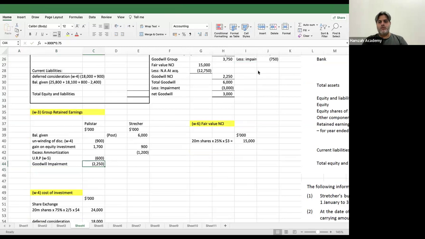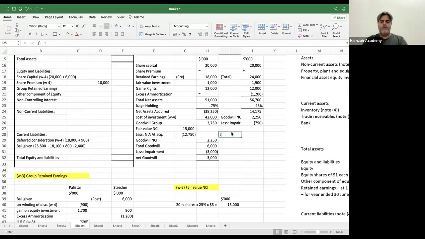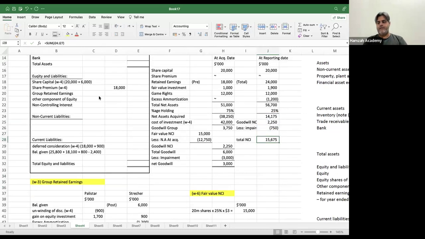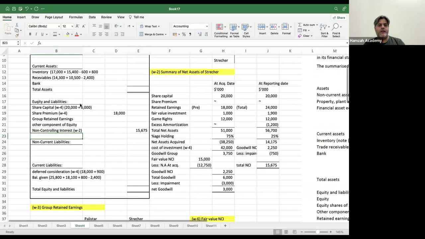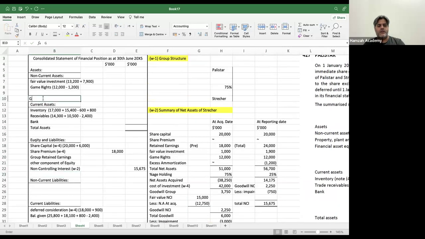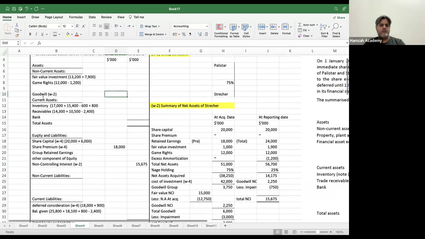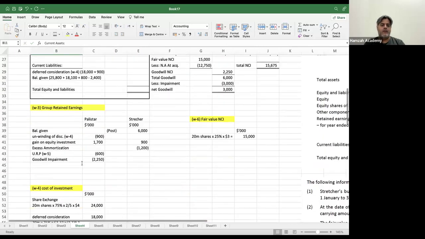Right? So we are going to have total NCI 15,675 over here. This is the NCI working 2, 15,675. There's going to be the goodwill, which is 3 million, and now the group retained earnings.